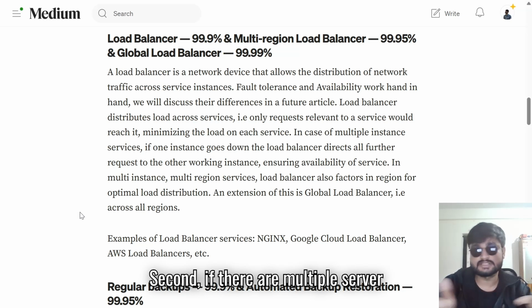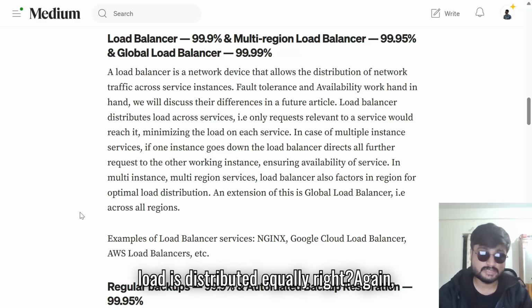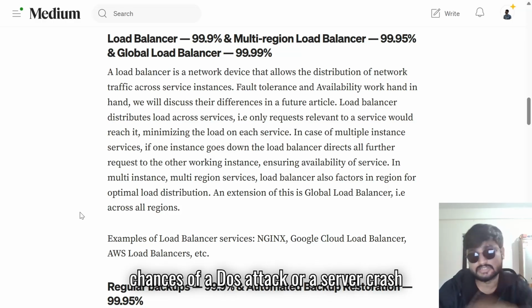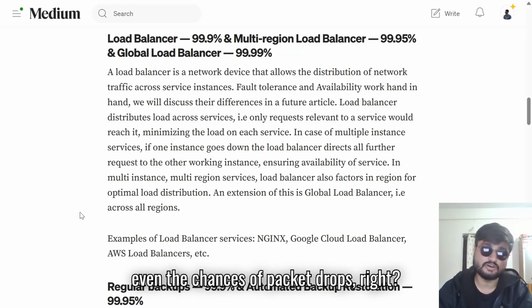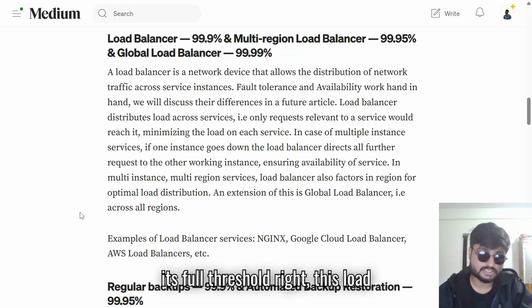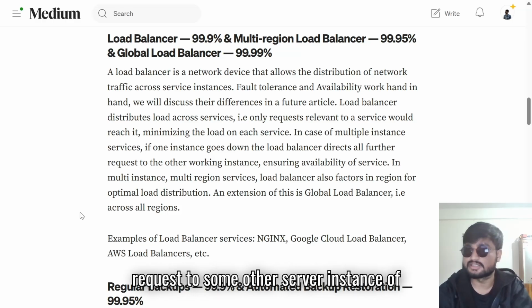Second, if there are multiple server instances running the same service, it makes sure that the load is distributed equally, again minimizing the load on each service, and in turn decreasing the chances of a DOS attack or a server crash due to a lot of load, or even the chances of packet drops. If a server is already running at its full threshold, the load balancer might reroute the particular request to some other server instance of it.